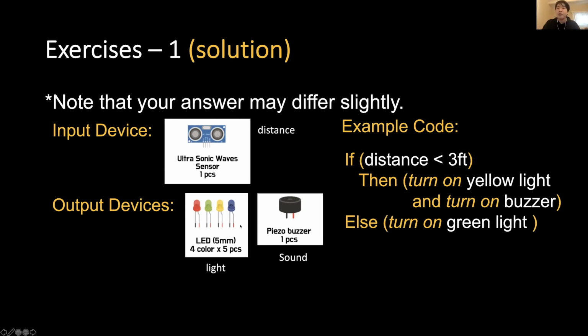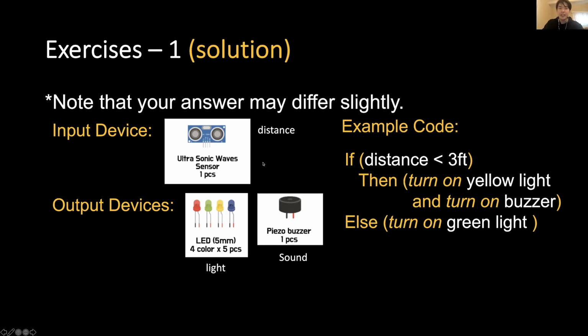For an output device, depending on what you want, I chose an LED light because I want to make sure that the driver sees that it's alarming. And I also want the driver to hear it. So there are two ways to alert the driver. The code will be something like this.